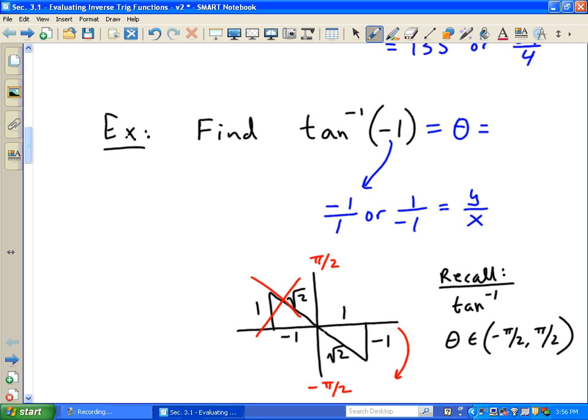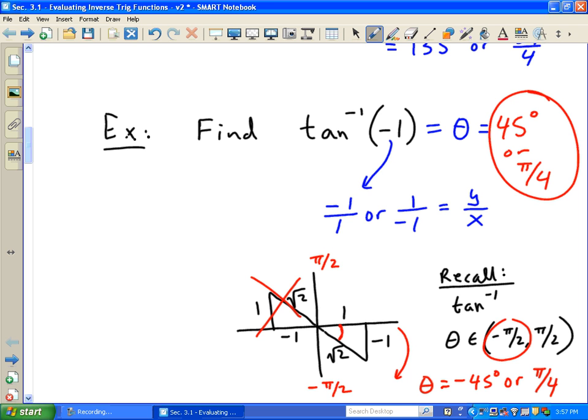This reference angle is 45, but based on the restriction for tangent, we have to rotate in the negative direction to achieve that angle, so the answer would be theta equals -45 degrees, or -pi over 4. That would be the value that I would put in up above. This concludes my lesson on evaluating inverse trig functions.